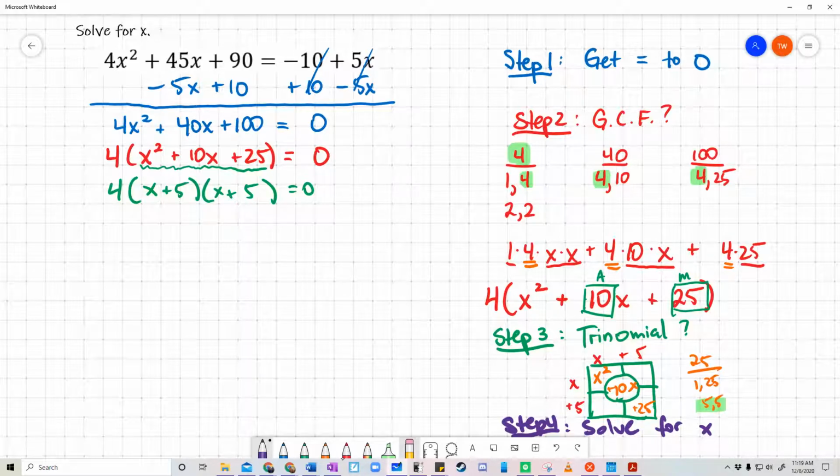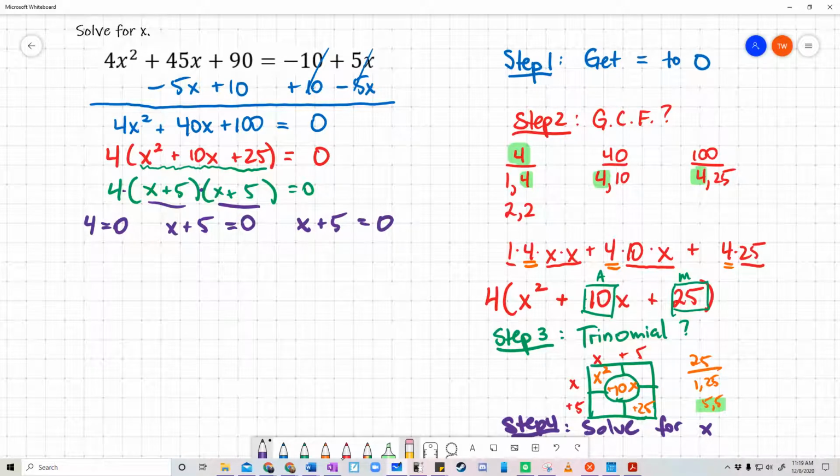I'm going to use my zero product property. If each factor multiplies to a product of 0, then each of those factors could possibly be equal to 0. And I realize that the x plus 5s are matching. You don't need to write them twice if they're matching, but in general, you want to set each factor equal to 0 and solve.